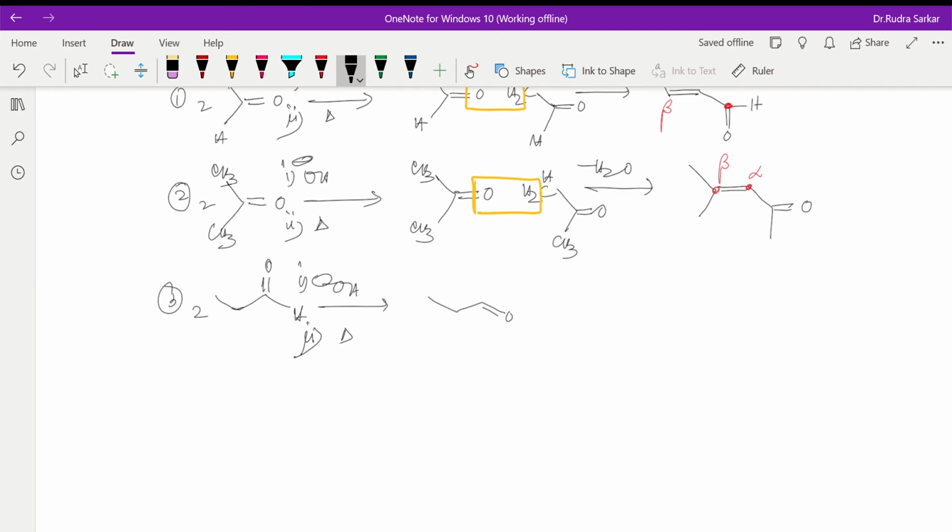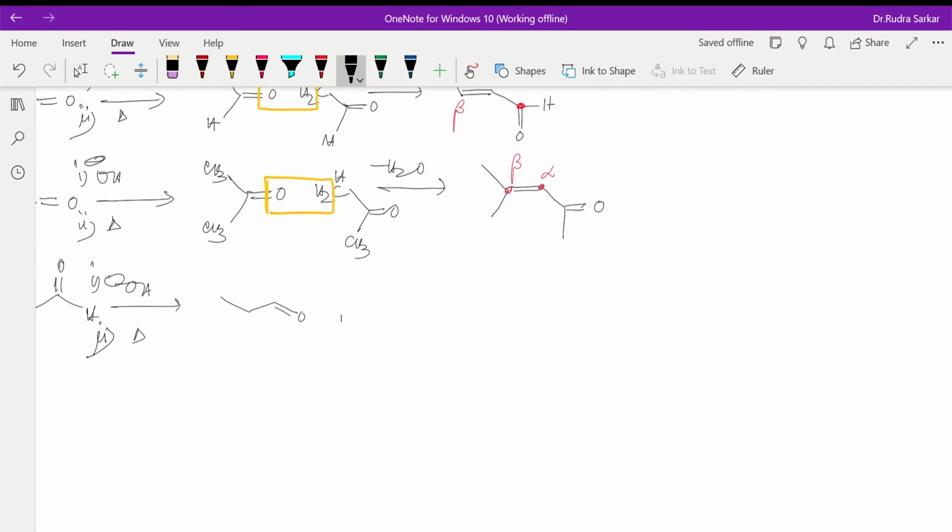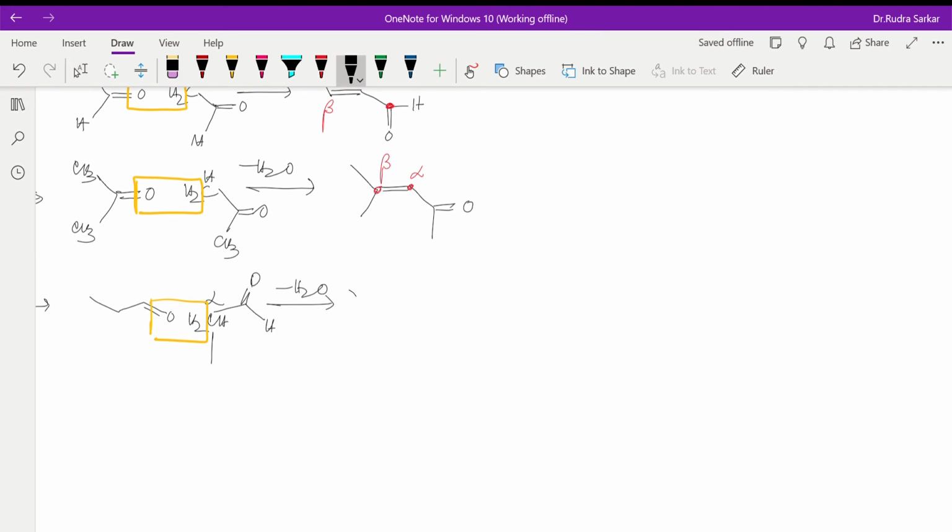So you have placed one such like that, another having its alpha position CH2 like that, next to the carbonyl, minus H2O, and that would give you alpha, and this is again beta.